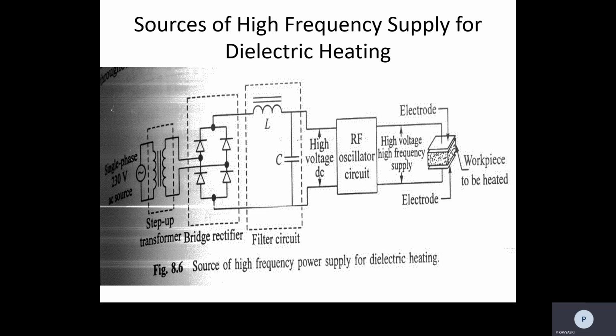Here you can clearly observe, first we have a step-up transformer with a single phase 230 volts AC source, then it is given to the bridge rectifier, and then a filter circuit, high voltage DC, an oscillator circuit, and finally the electrodes and the workpiece which we are going to heat.